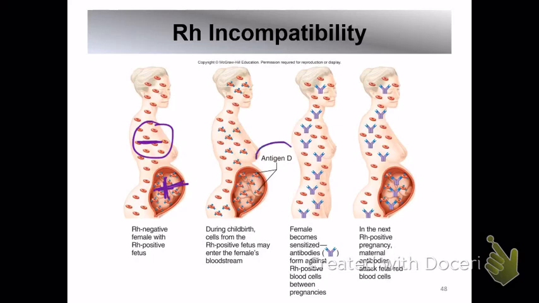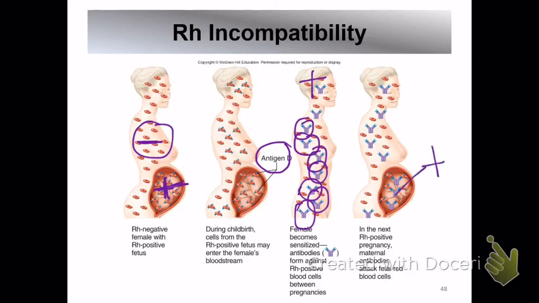What happens when the baby is born, see, the baby's got the antigen D. What happens during childbirth, cells from the Rh positive fetus may enter the mama's bloodstream. So when some positive enters, she's negative, remember, it forms these antibodies. No big deal. Mom's exhausted. Who cares? She's really tired anyway.